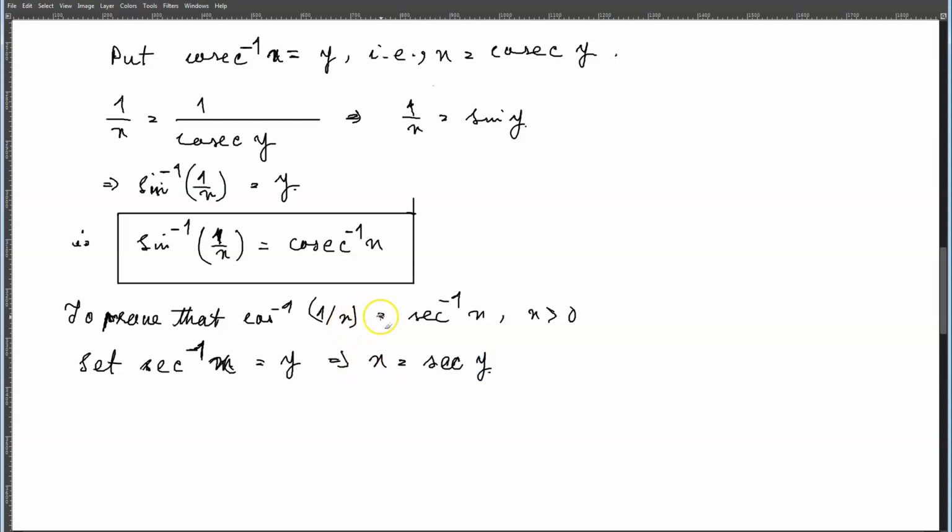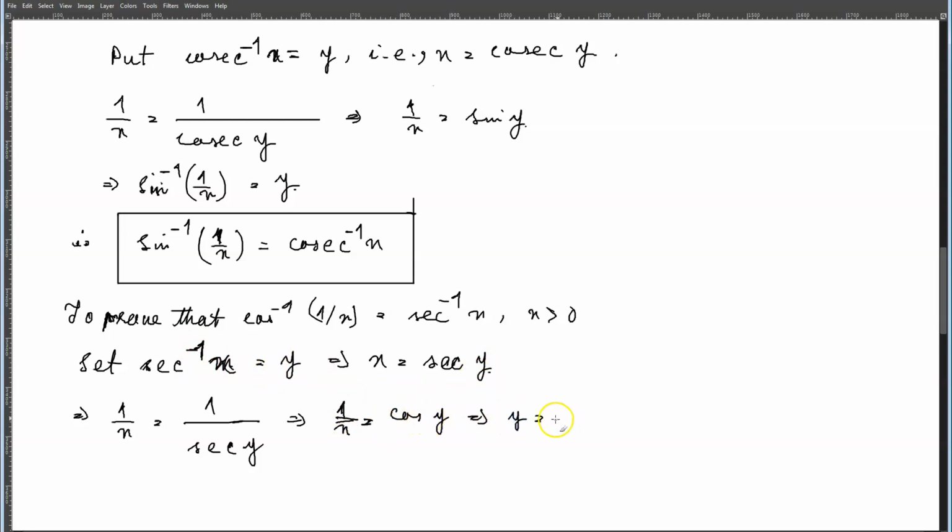If I take the reciprocal of this, I will get 1 over x is equal to 1 over secant of y, which means that 1 over x is equal to cos y, which means that y is equal to cos inverse of 1 by x.